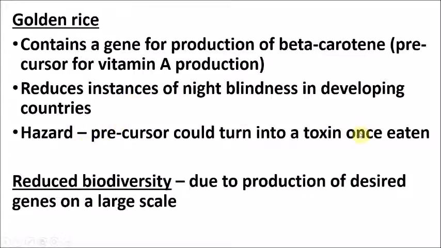Another problem is it reduces biodiversity because you're messing with the genes. You're almost selectively breeding them because you're choosing genes that it has and then breeding only the types that you need, like ones that create insulin or ones that create high resistance to pests or whatever. So it definitely reduces biodiversity there. So that's the topic complete.